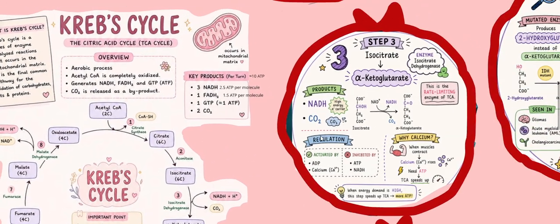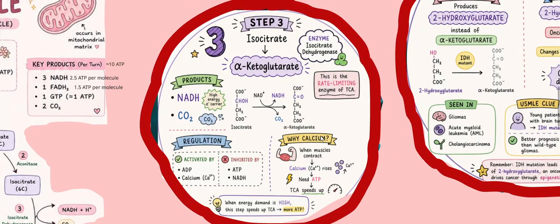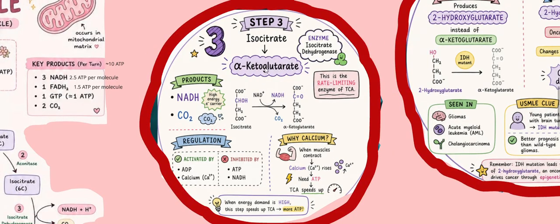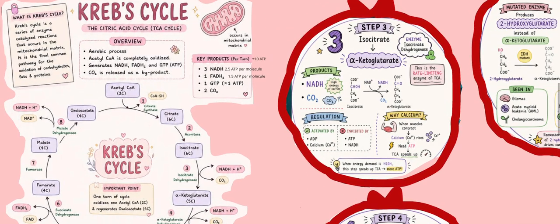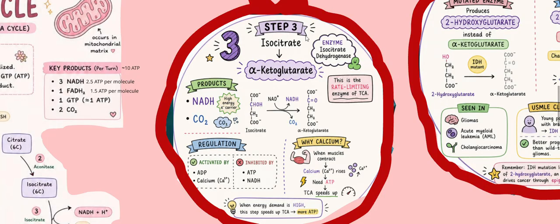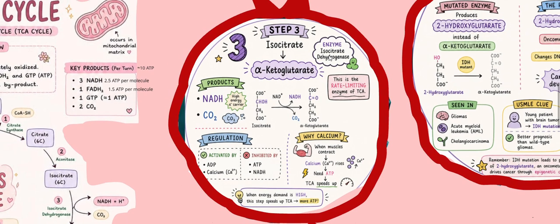So let's go ahead and understand this enzyme. Okay, so this is isocitrate dehydrogenase. Step three, the isocitrate is being converted into alpha ketoglutarate by the enzyme isocitrate dehydrogenase.